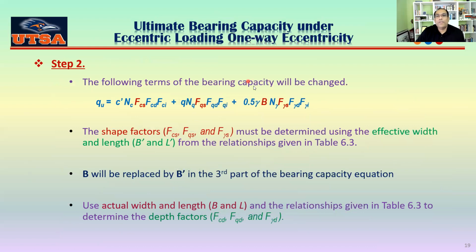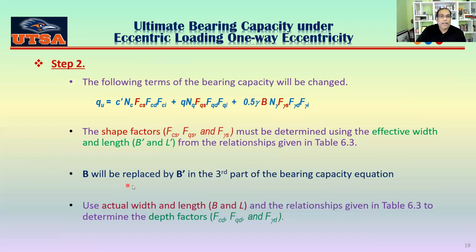Now the following terms of the bearing capacity will be changed because of the one-way or two-way eccentricity. Actually, only the shape factors and the B. Once you find your L prime and B prime, the shape factors will be determined based on L prime and B prime.